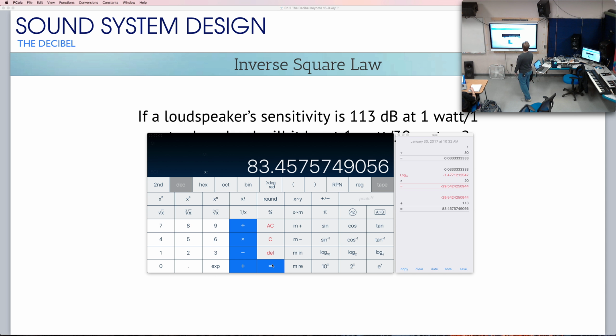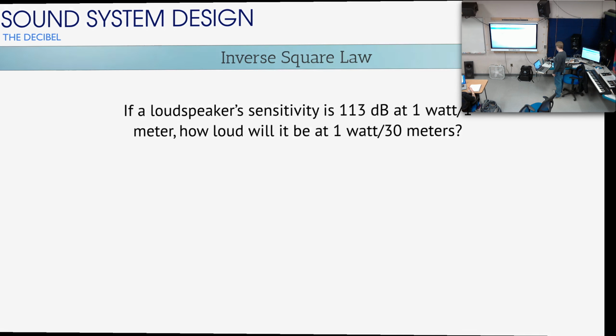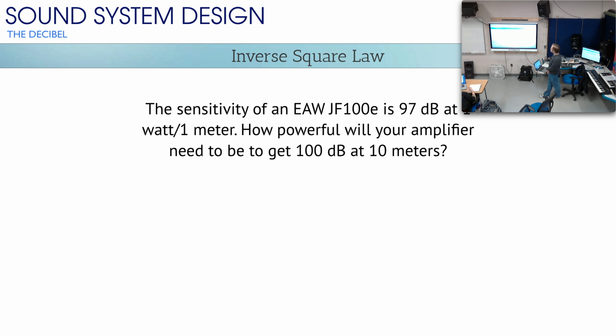So we're looking at a difference in distance between 1 meter and 10 meters. Okay? And we know that when you multiply the distance by 10, you lose 20 dB. Right? You remember that? Yeah. Okay. So we go 1 meter to 10 meters. That's multiplying by 10, right? So that means we would lose 20 dB going from 1 meter to 10 meters.